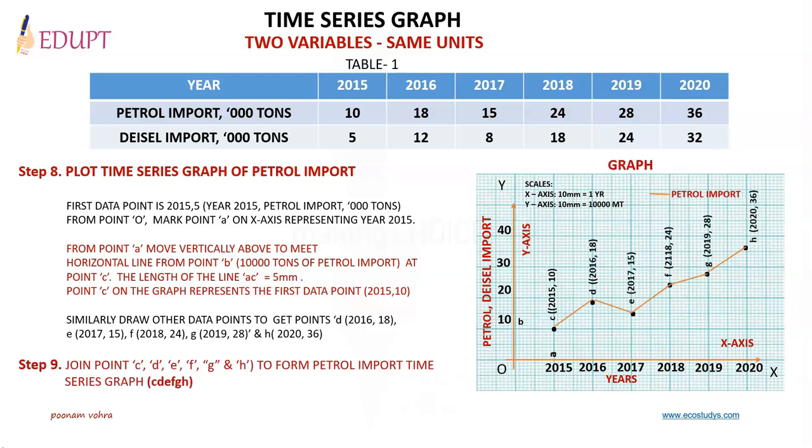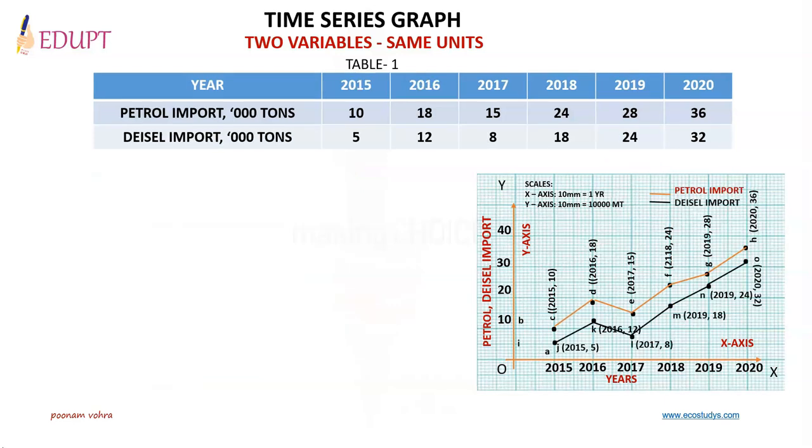All these are represented by C, D, E, F, G, and H points. And by joining these points, one gets a time series graph for different years meant for petrol import.